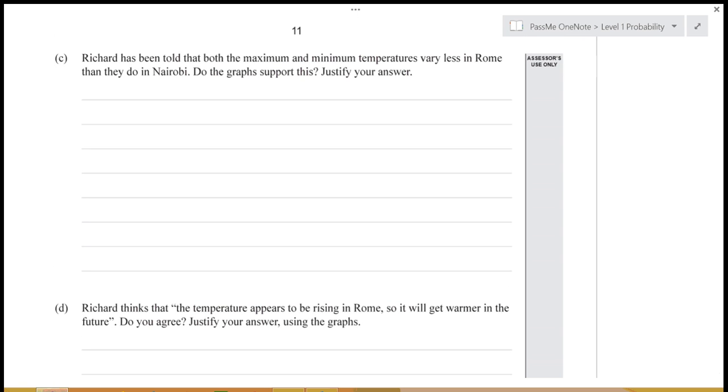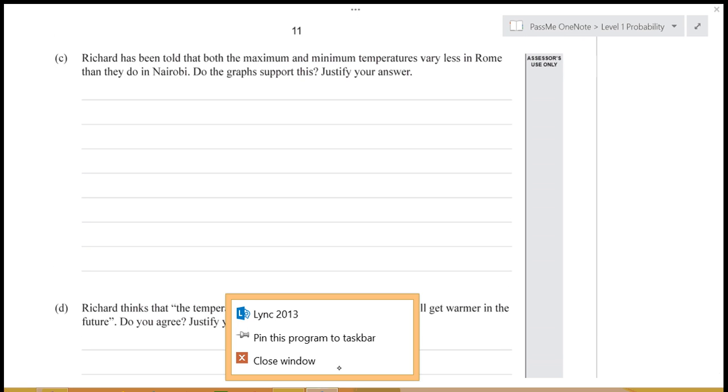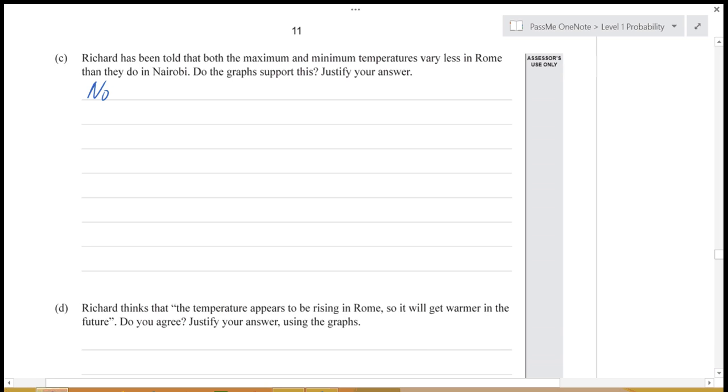So no, we can say no, and Nairobi has less variation than Rome.